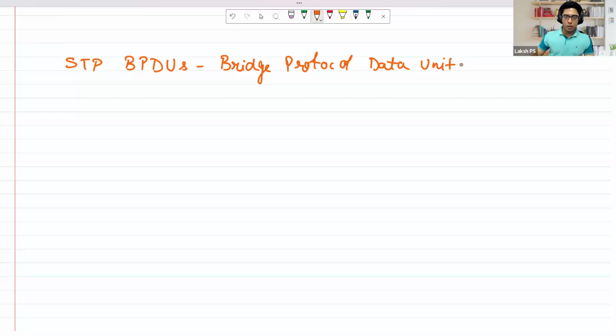Bridge protocol data unit. Now, let's first try to understand what is a protocol data unit. What is a PDU? Now, a PDU is a kind of language. It's a kind of language for a particular protocol.